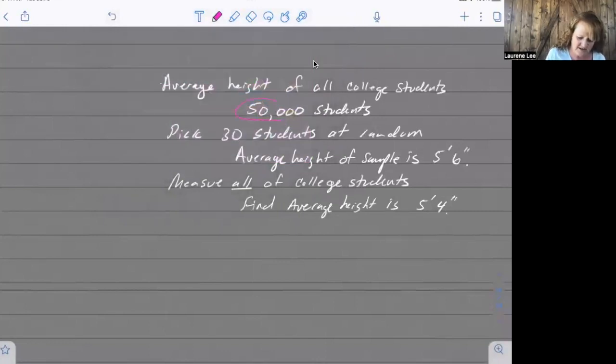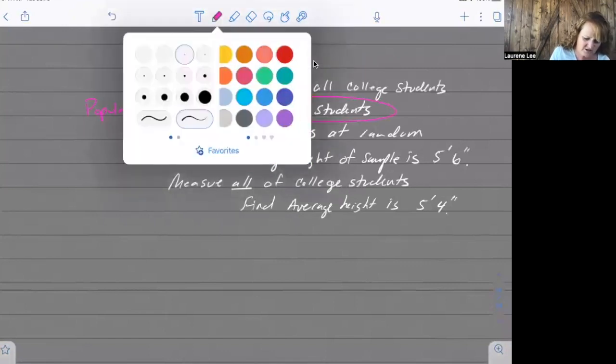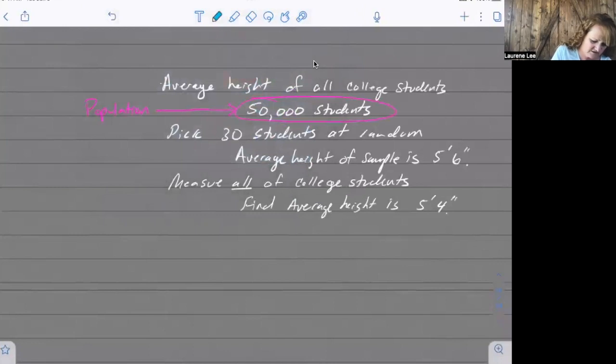These 50,000 students right here, this is going to be the population. Let me change colors here so maybe you can see this a little bit better. There we go. This is the population. Okay, it's all of the students at the college.